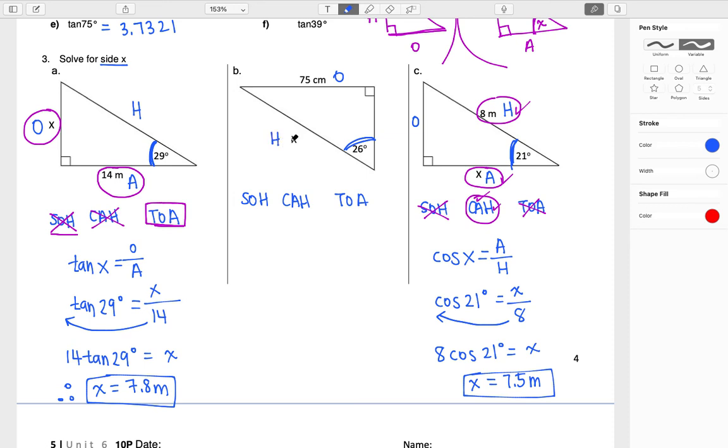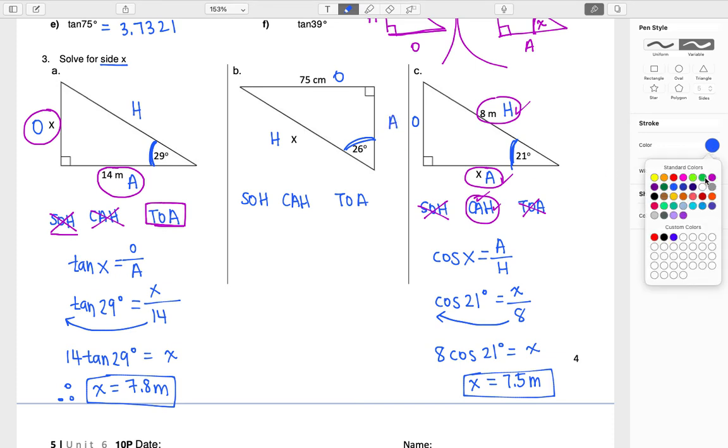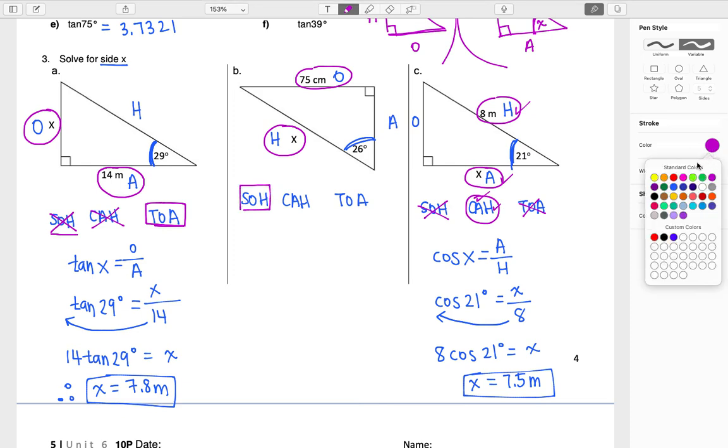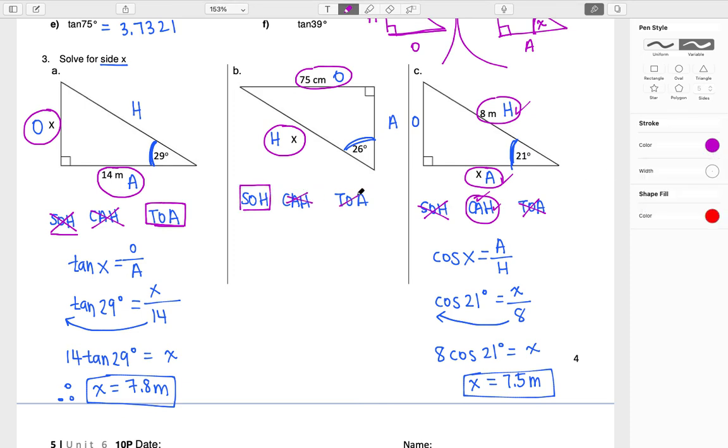X is hypotenuse, opposite from 90 degree. And this must be adjacent. So I ask myself, which formula contains what I'm looking for, h, and what we're given, o? O and h. It looks like sine. So the rest of it is out of the picture.